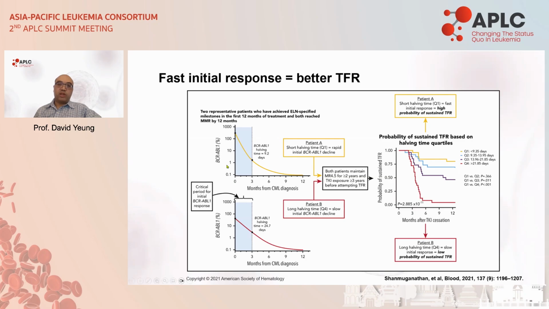Conversely, what we did find was that when patients have their BCR-ABL reduced very, very slowly in the initial part of their therapy, then the TFR success rate is greatly reduced. So this again speaks to the early period of CML treatment being critical, not only for achievement of deep molecular response, but even after patients have achieved their response, it is very predictive of the underlying disease biology associated with residual clones.